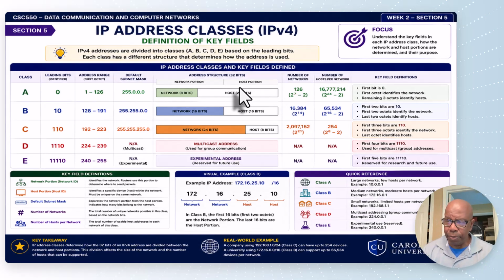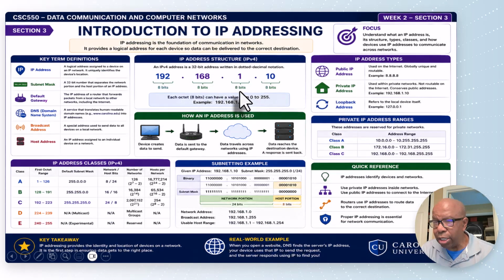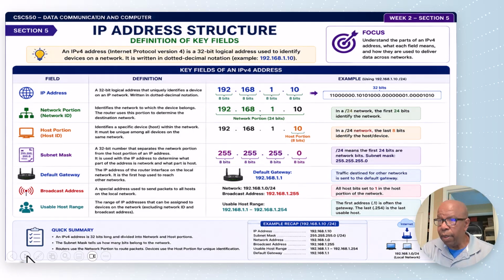For example, those in Class A: there are 126 gigantic networks that can use IP addresses beginning with the first 8 bits. If it's 126, I'm sorry, I always get fat-fingered here.